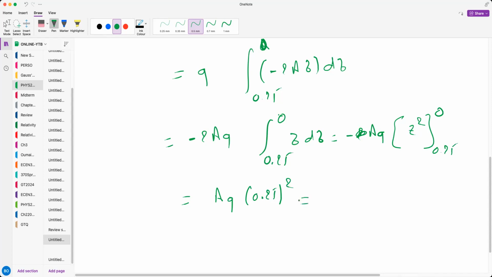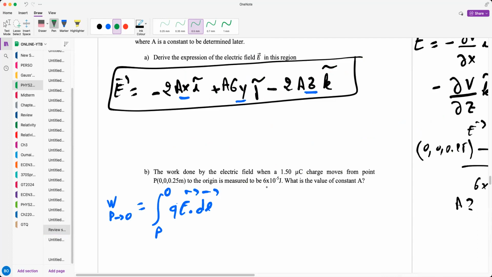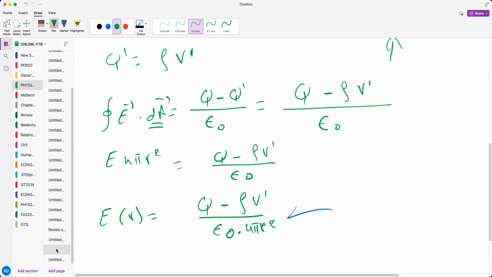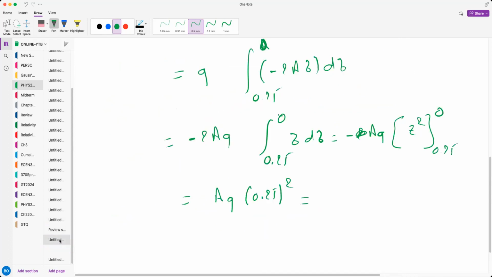And this is equal to the work that they gave us, 6 × 10⁻⁵ joule. This is the work to go from point P to the origin, and we already have the charge, which is 1.5 microcoulomb, so I can get the constant A.